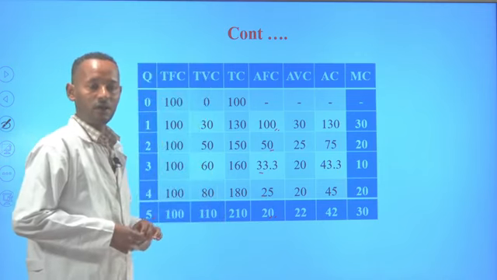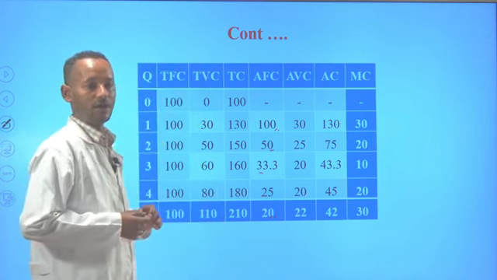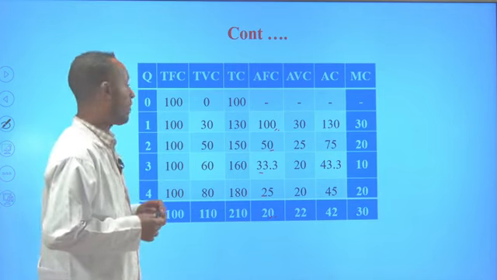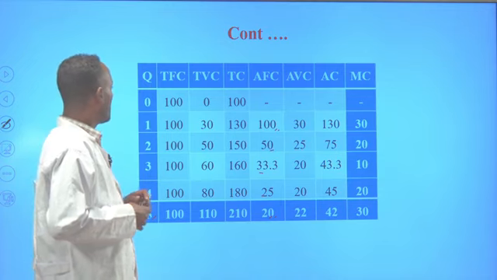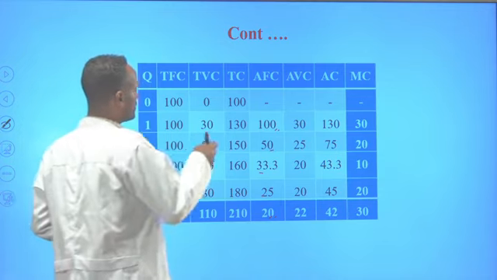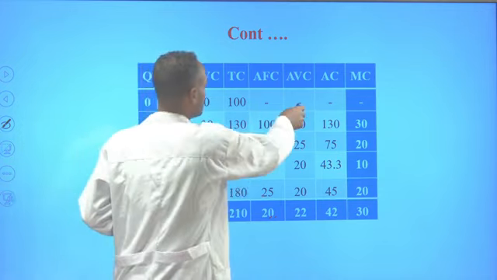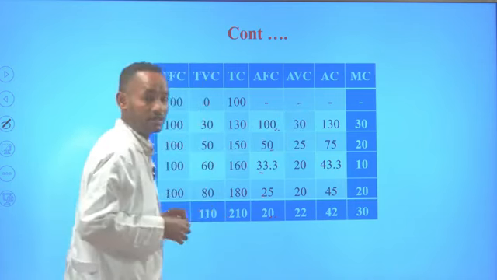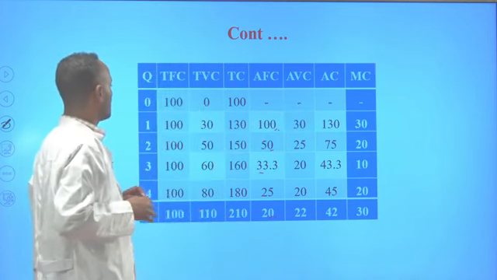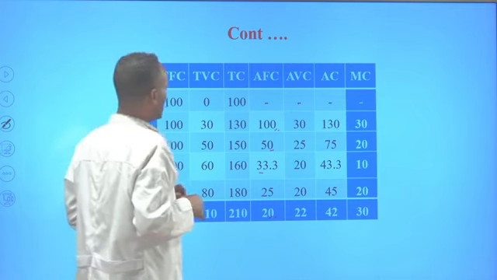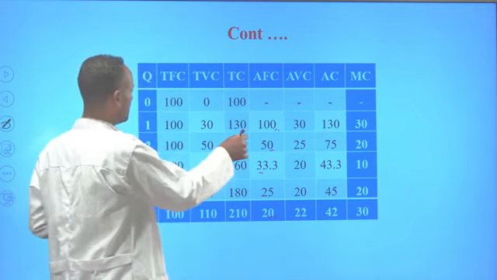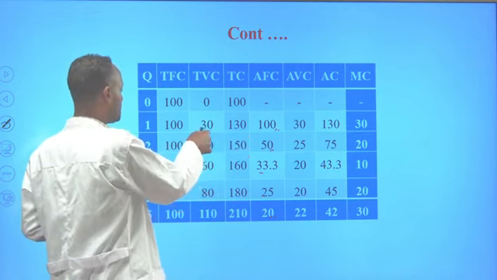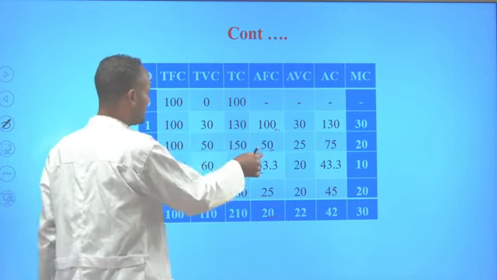Similarly, the average variable cost of production is calculated by dividing total variable cost by the output produced and sold. Hence, the average variable cost of production of 0 units of a commodity is undefined since the denominator is 0. The average variable cost of production of 1 unit is 30. It is calculated by dividing TVC by Q, 30 over 1 is 30.